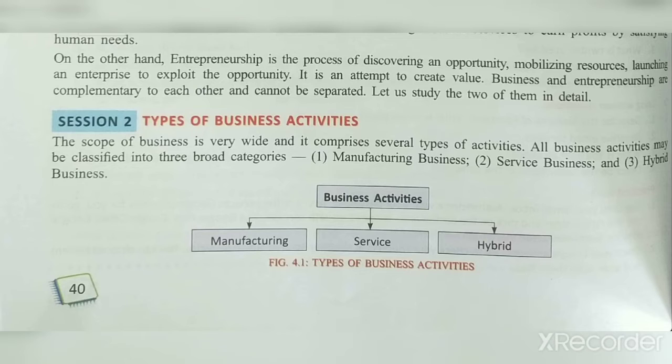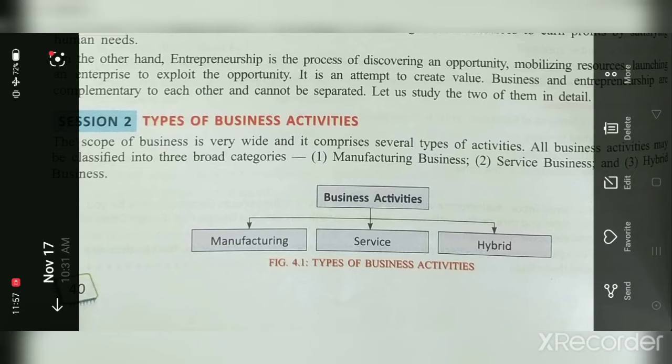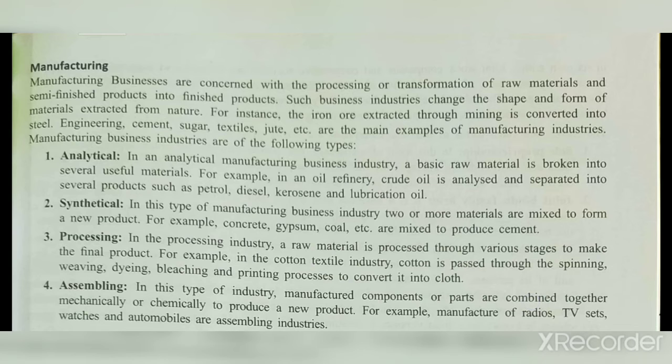What actually is manufacturing, and what are the different steps or modules that come under the manufacturing business activity? Manufacturing business is concerned with the processing or transformation of raw materials and semi-finished products into finished products, right?